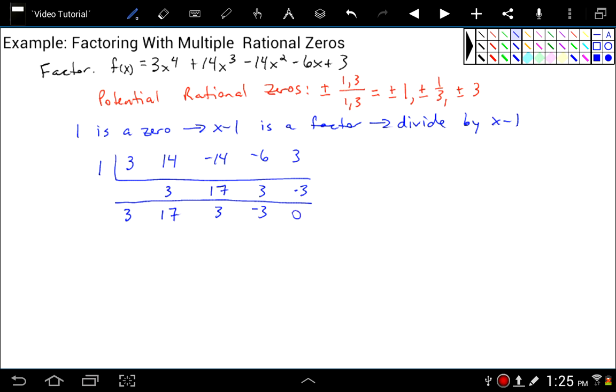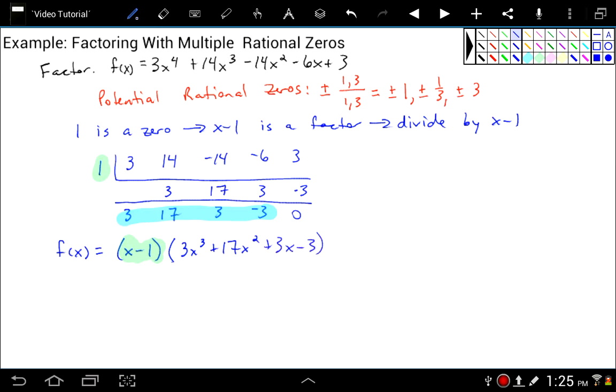And so now I can see that f of x equals x minus 1 times the stuff down here, which is 3x cubed plus 17x squared plus 3x minus 3.